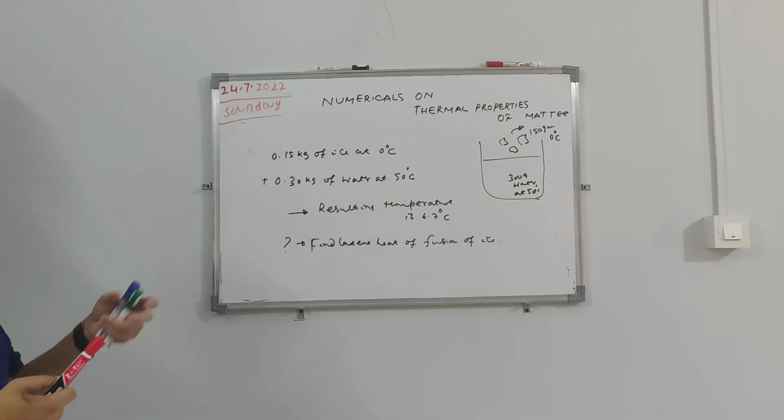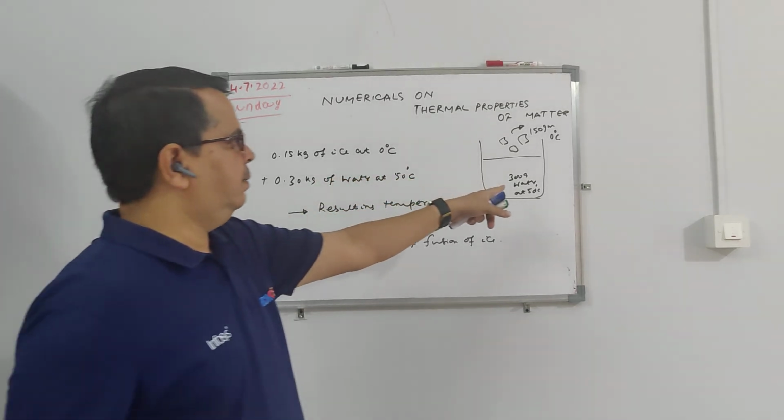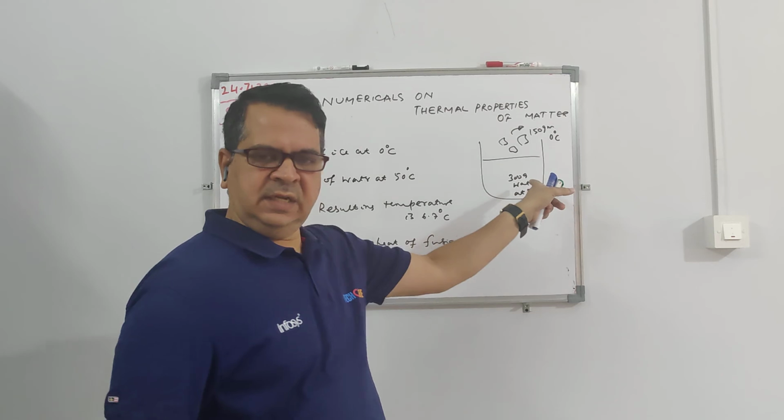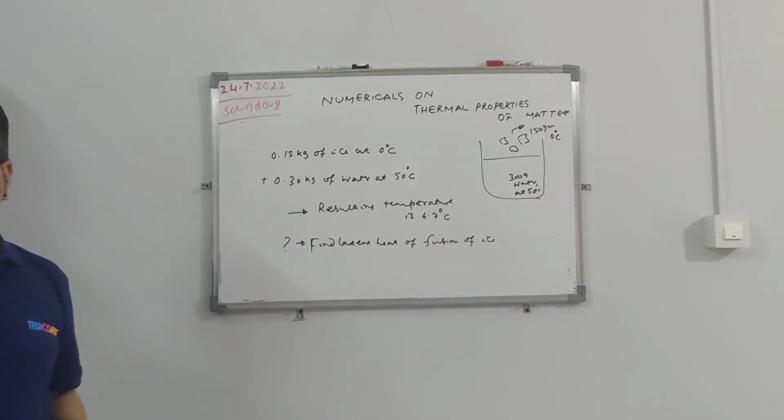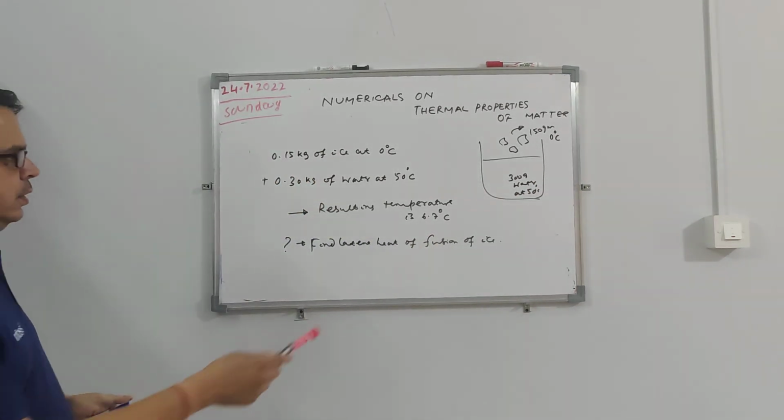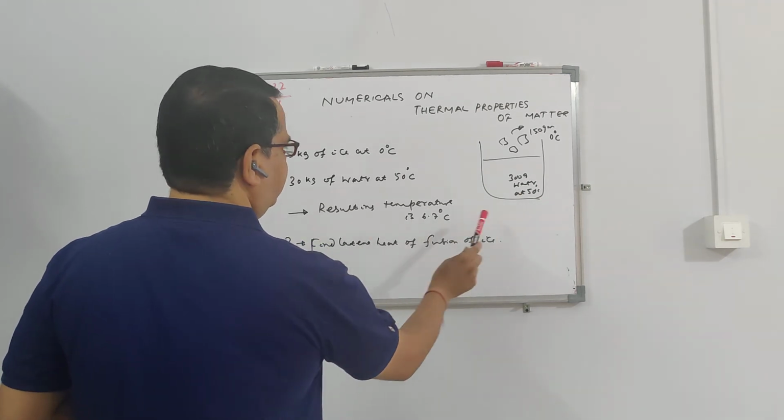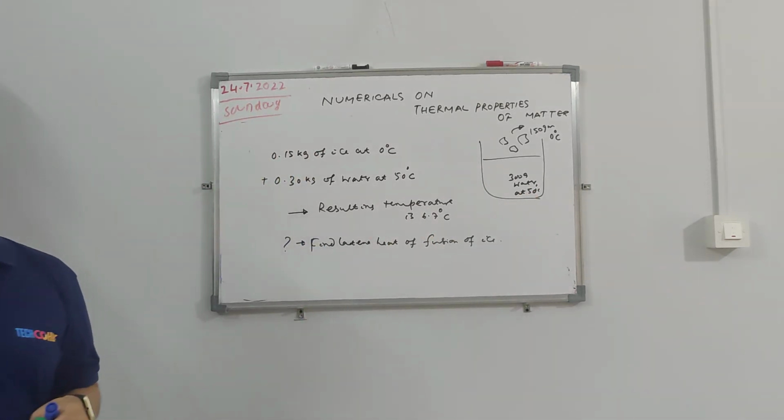How will you find the latent heat of fusion of ice from this? Because the ice, by mixing with the hot water, got converted into water, but the temperature of the water has come down from 50 degree to 6.7 degree.